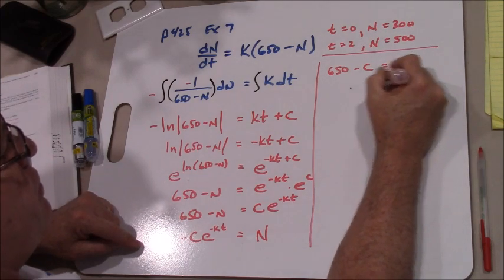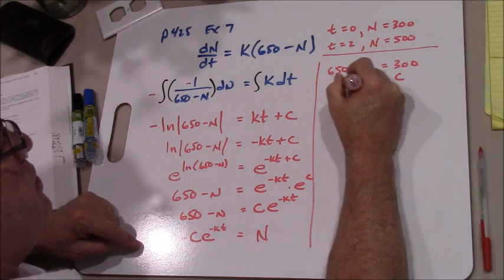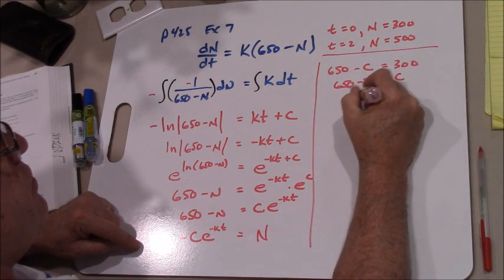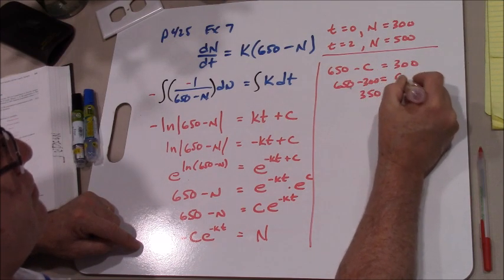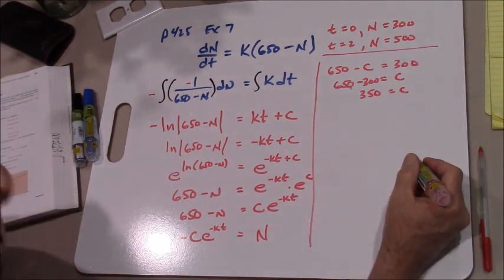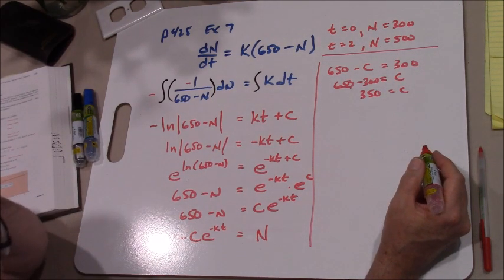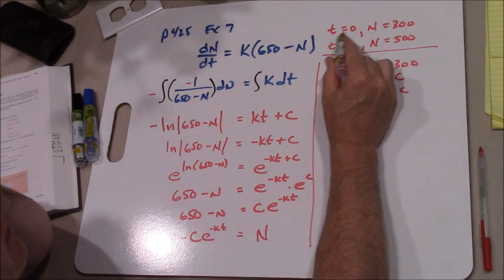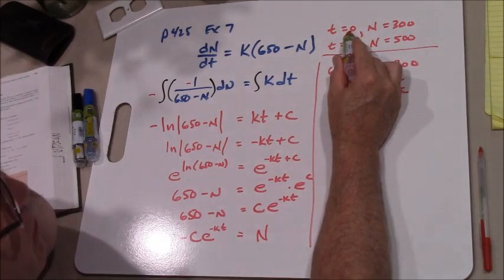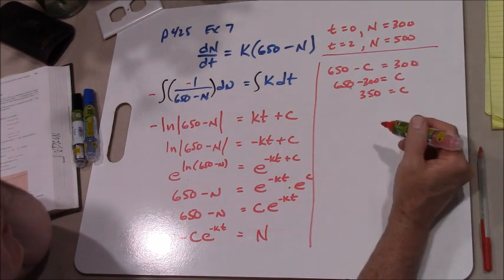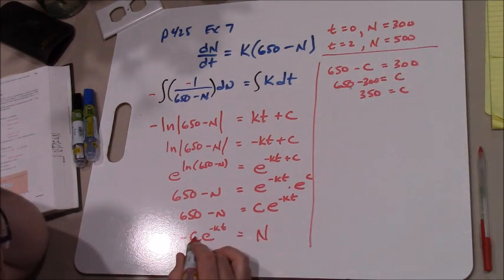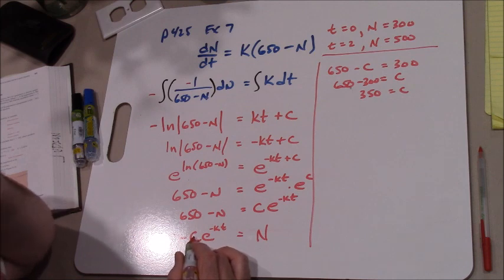And so that must mean c equals 650 minus 300, and so that's 350. So if you think about the PERT formula, this is usually an initial amount. They set at t equals 0, so whenever we started paying attention, initially we had 300 coyotes, but in this formula, that c value is going to be 350. Okay, so it's not the initial amount here.